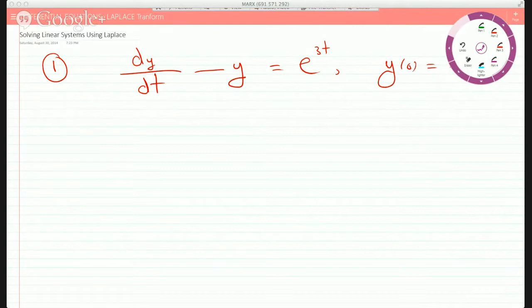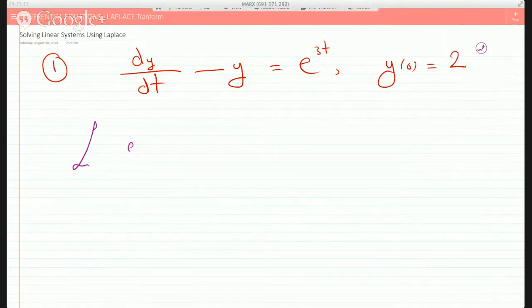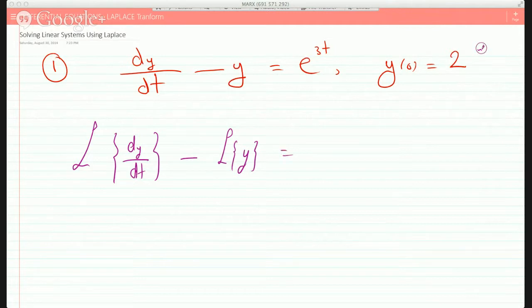Watch. We're going to take the Laplace of each single term. The Laplace of a sum is the sum of Laplaces. So, minus the Laplace of y equals the Laplace of e to the 3t on the right-hand side.